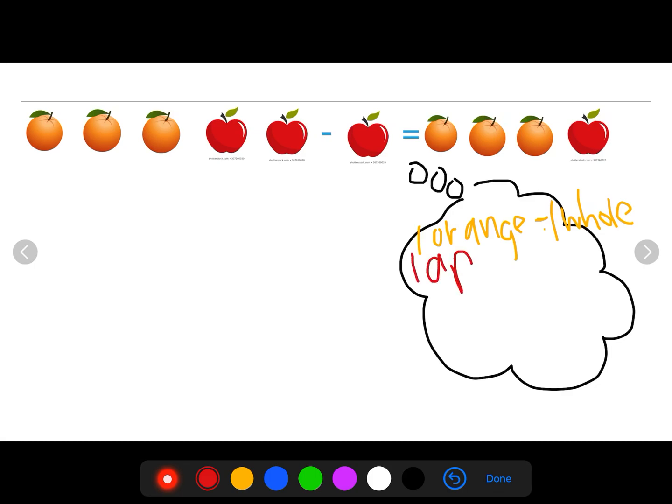So 1 apple equals 1/3. I have 1, 2, 3 oranges, so I have 3 wholes. And I have 1, 2 apples, so I have 2 thirds because each apple represents 1/3. And I want to take away 1 apple, or 1/3.